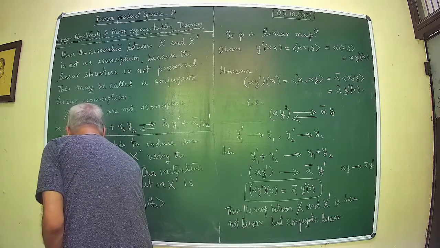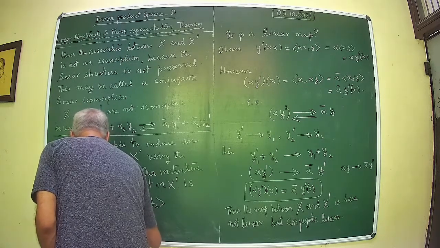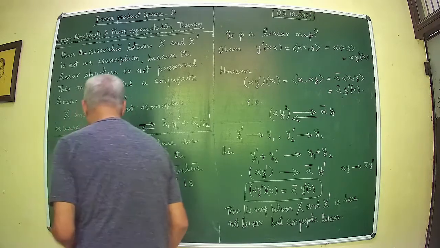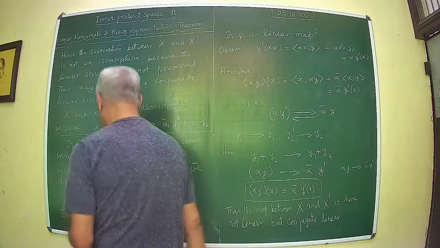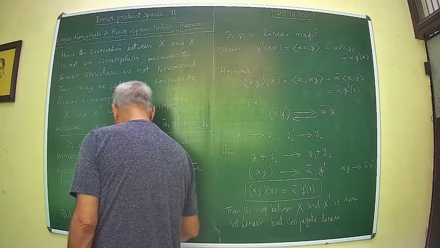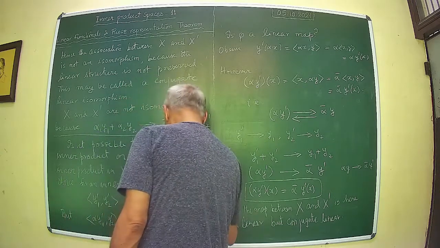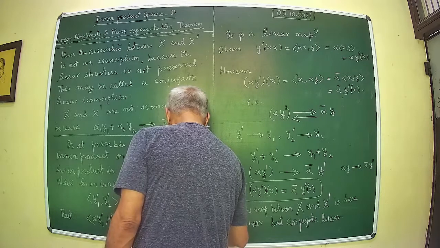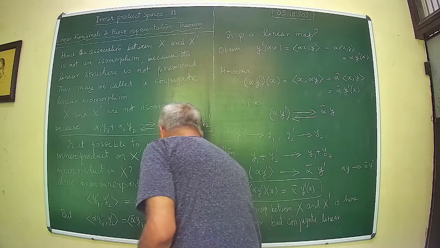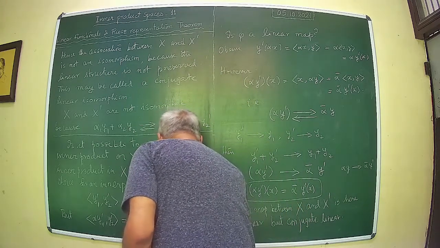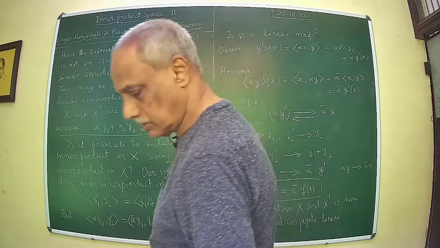You have alpha y1 prime, y2 prime. This is equal to, see, alpha y1 y2, which is equal to alpha conjugate y2. Okay.